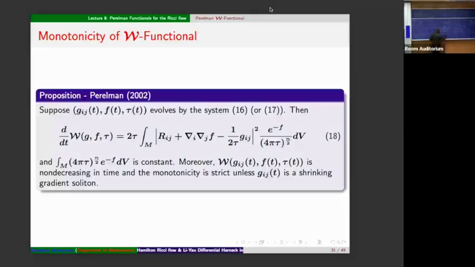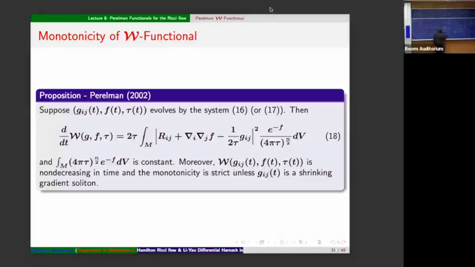You remember from the beginning, we have an equation of a soliton like this. We say if this is equal to 0, that is a steady soliton. If this is less than 0, you have a shrinking soliton.